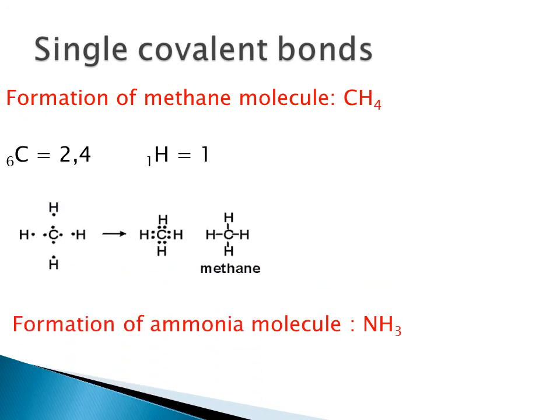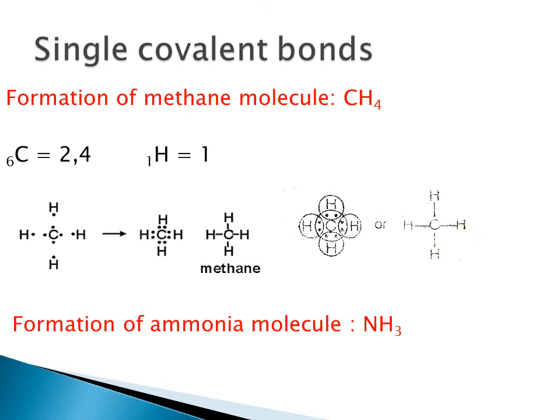So let us first draw the electron dot structure of carbon and hydrogen atoms. Around a hydrogen atom, only 1 electron is shown in the form of 1 dot, and around carbon 4 electrons are shown in the form of 4 dots, right? So what happens when one carbon atom comes close to these 4 hydrogen atoms?